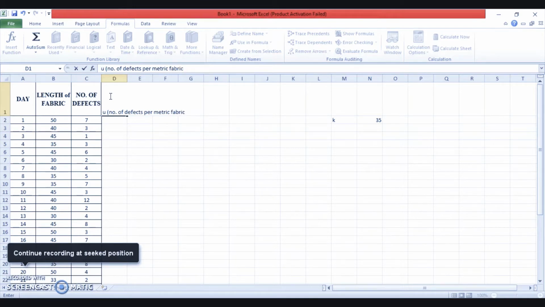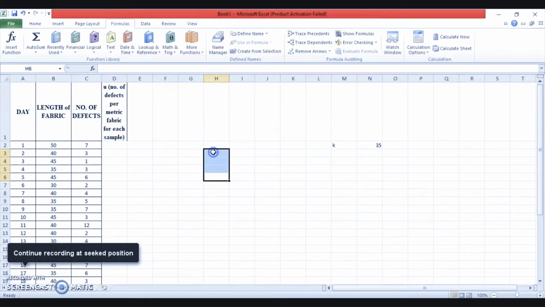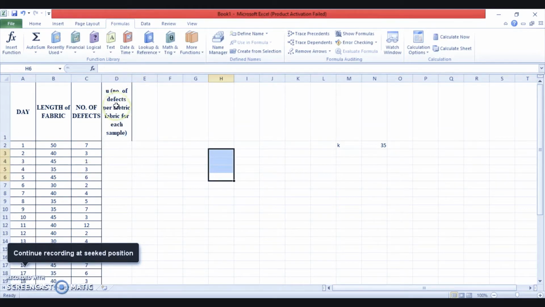It's your choice if you want to write this down or not. I'm just writing it for you so that you can remember what we are doing for each sample. It's purely your choice if you want to incorporate this whole thing in your title or not, or you just handle it with U only.